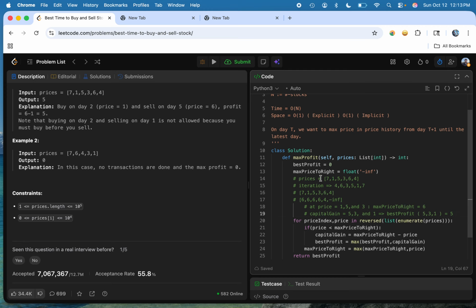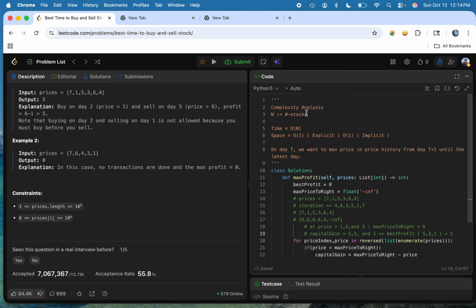The good news about this method that we've defined is that the time complexity is always linear. It's O of n, where n is the number of price points in the price history of the stock. And the other good news is that there's only a single pass for the input, going from right to left. We don't have to go through the input multiple times.